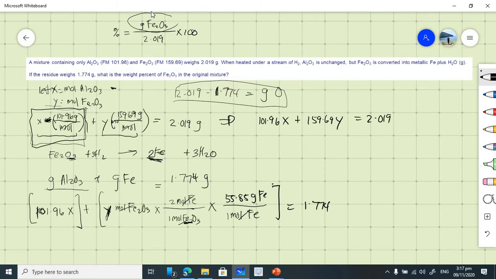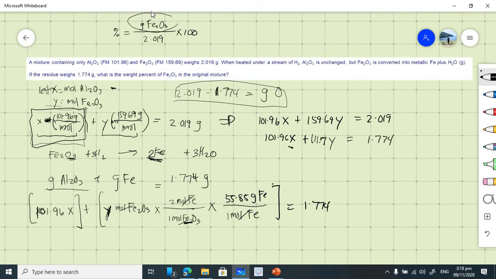And this one simplifies as 101.96 x plus, that's 55.85 times 2, that's 111.7 y, which is equal to 1.774.